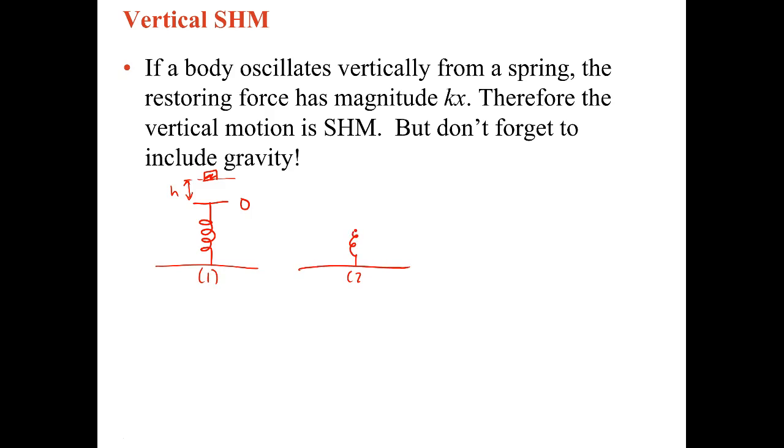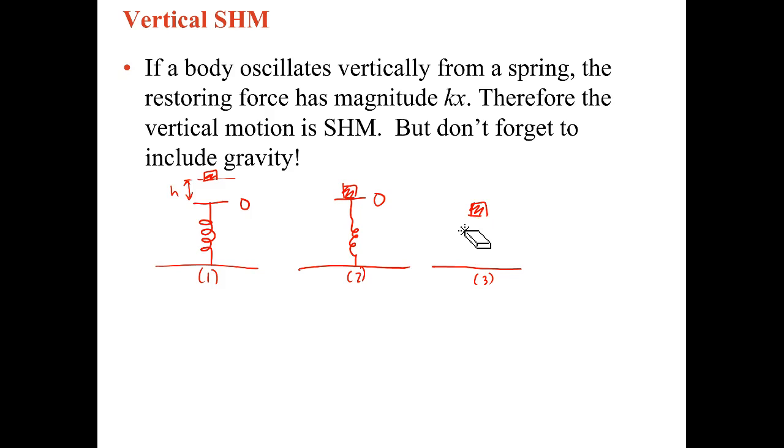Diagram 2 is when it first collides with the spring. And again, it's at height 0. So this is the collision between the spring and this object. And then picture 3 would be when everything has compressed and gotten to its maximum compression here.